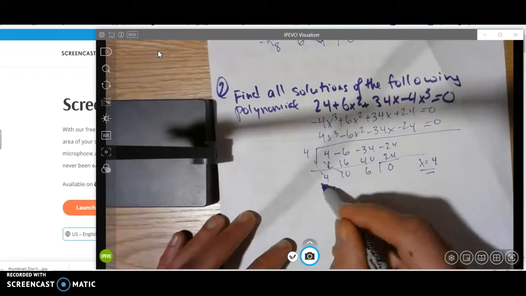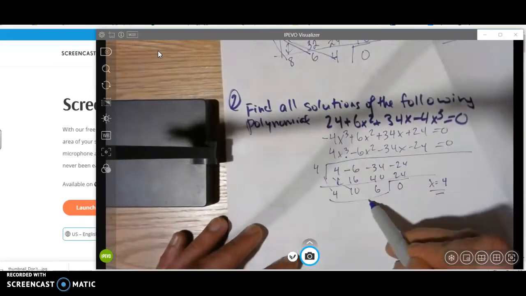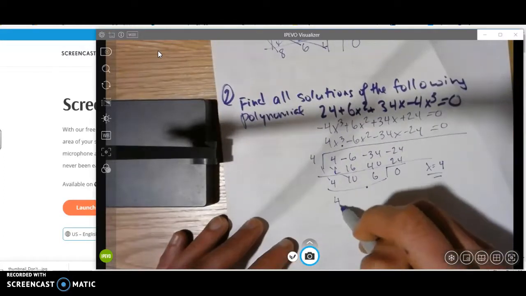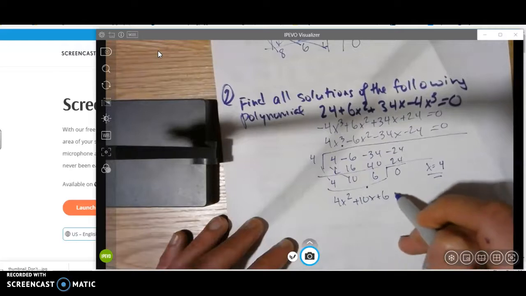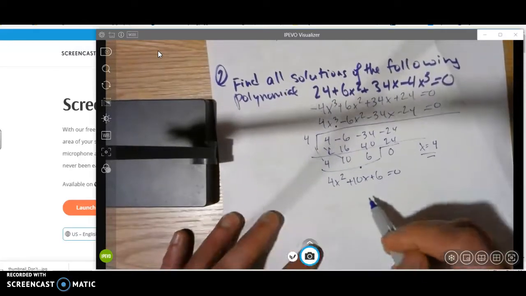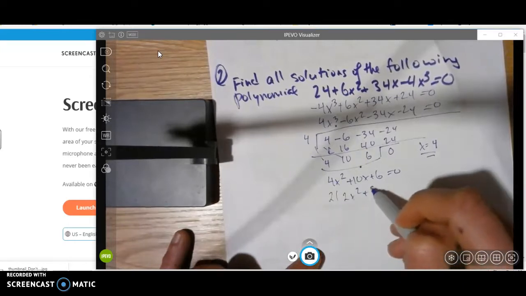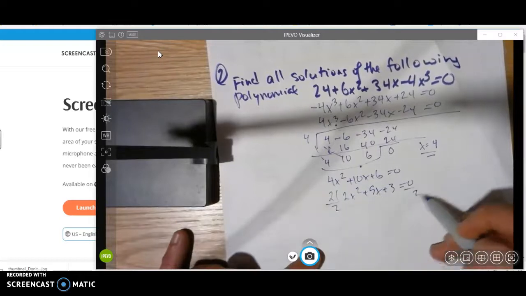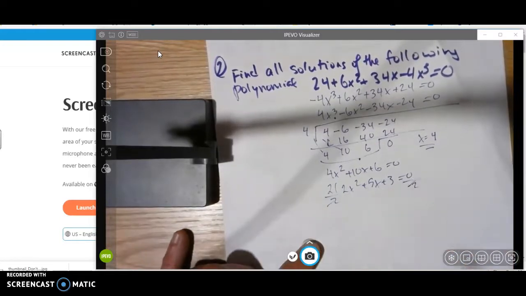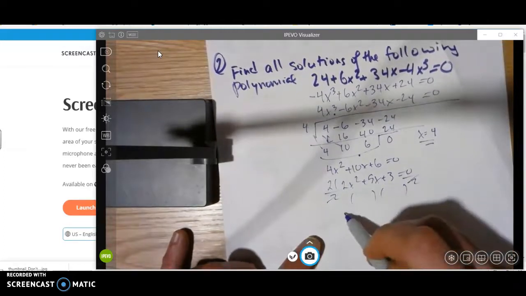Now, with the remaining terms, once we get one 0, we're down to a quadratic, and we have the following quadratic equation: 4x squared plus 10x plus 6 equals 0. I probably want to factor out a 2. So we factor out a 2, and we get 2 times x squared plus 5x plus 3 equals 0. We can divide by 2 to simplify the numbers. Now try to factor this, but it does not factor, so we have to use the quadratic formula.